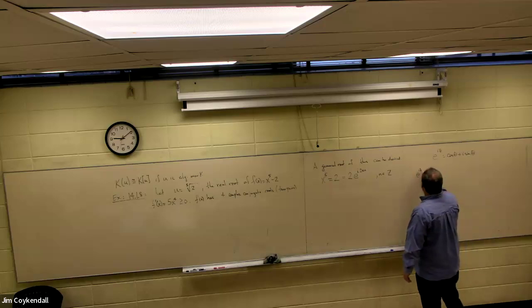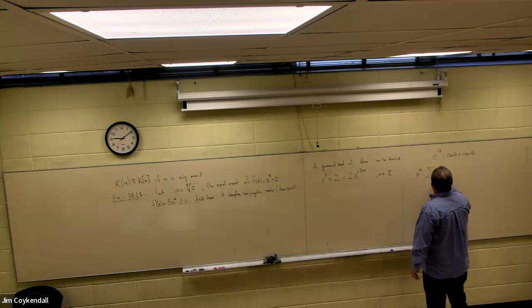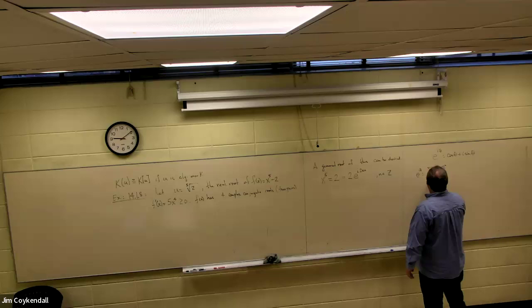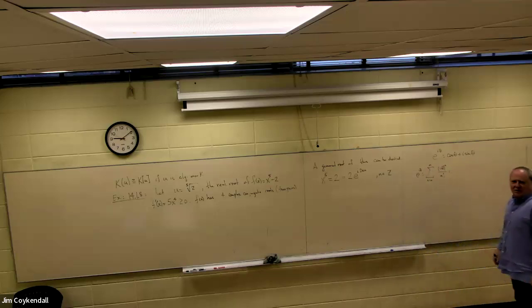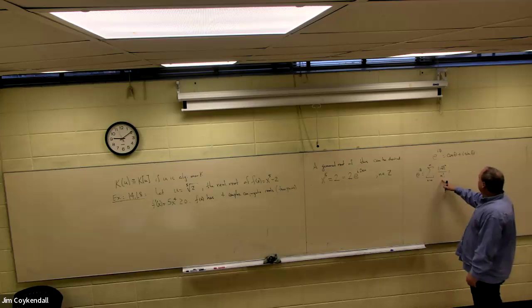e to the i theta is equal to the sum of (i theta)^n over n factorial. How many of you have ever seen this? Let me just write the first few terms to give us a feel.